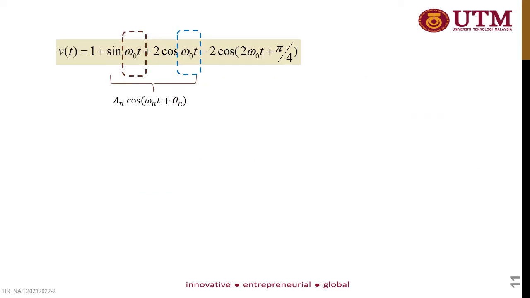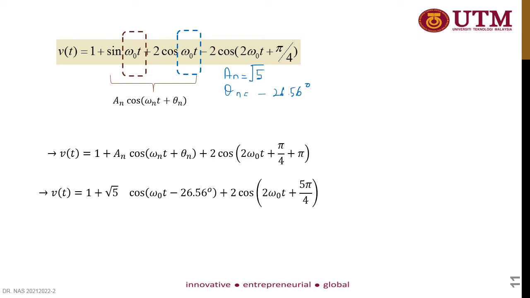Okay, from the previous slide, we have calculated cn equal to square root of 5, while theta n equals negative 26.56 degrees. Then you need to rewrite the complete equation. v(t) is equal to 1, plus the equivalent equation, plus the third component.